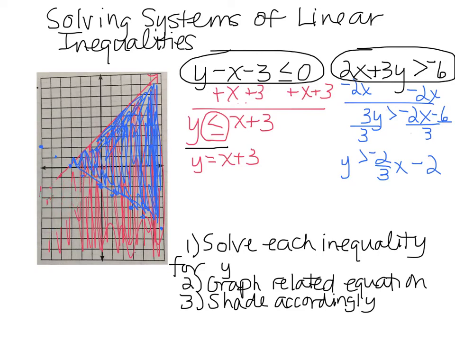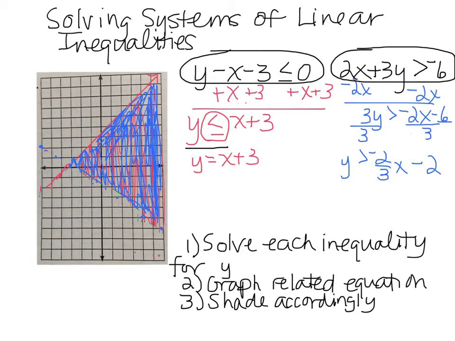I'm going to just make this clear. I'm going to erase the part that doesn't get included because we're looking for the overlapping region. So there's that. We have the dotted line of the blue. So the place that's shaded in both blue and red represents the solution to the system.